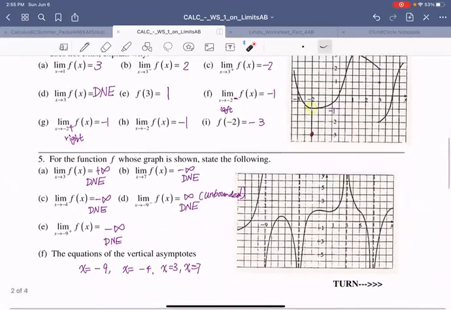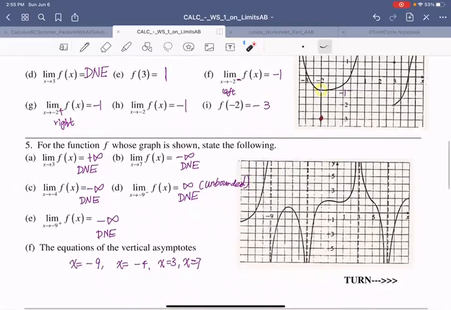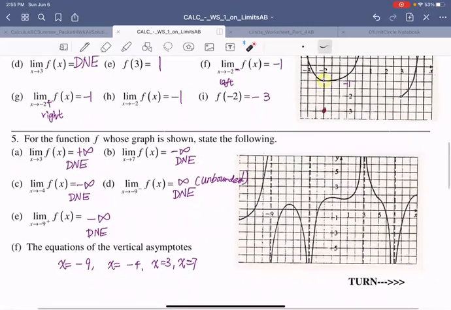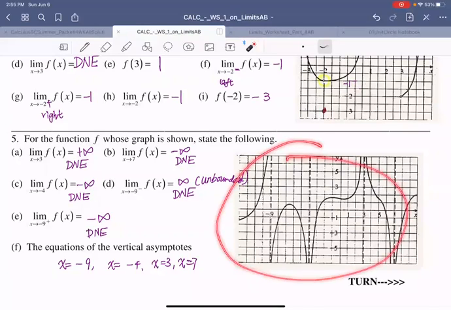Now, let's see here. This graph is similar to this one. The first one, they ask you the limit of f(x) when x approaches 3.